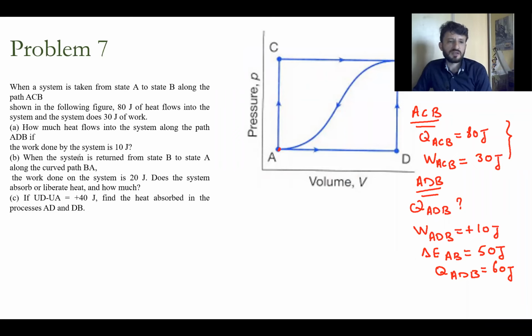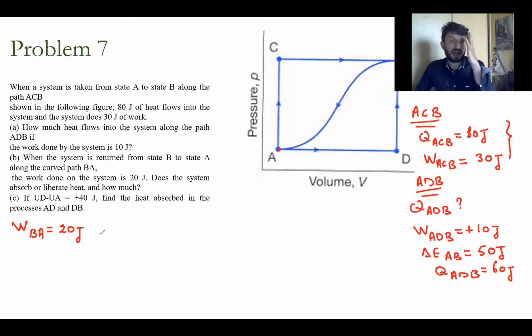When the system is turned from state B to state A, the work done on the system is 20 joule.